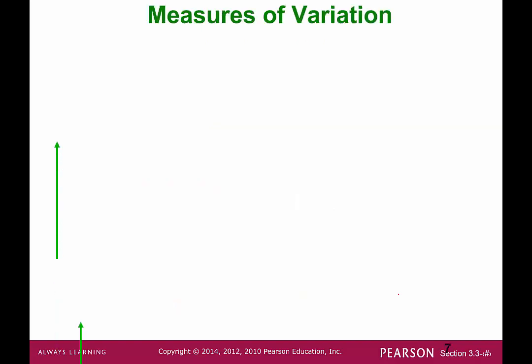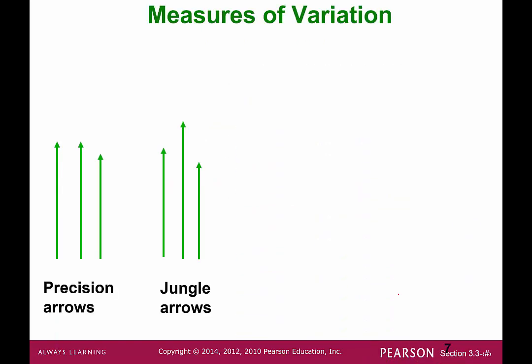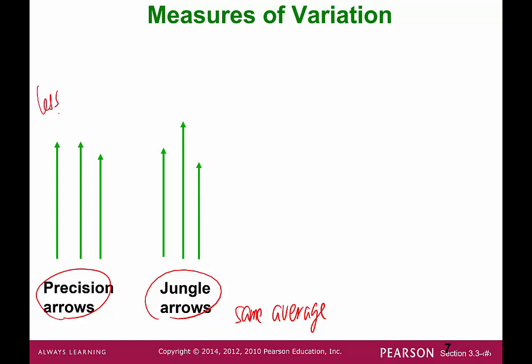If you look at these two, precision errors and jungle errors, they have the same average, the same mean, right? And then obviously precision errors has less variation compared to the jungle errors.